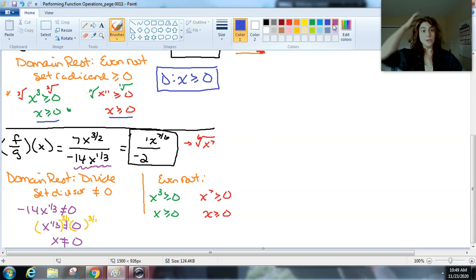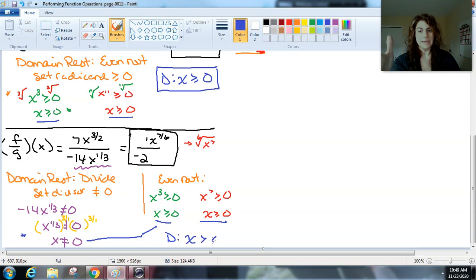But I have to look at 3 things now. I have to look at these 2, which I already know are greater than or equal to 0, and I have to bring this one into play also. Well, these 2 have to be greater than or equal to 0, and the division one is telling me it can't equal 0. So when I write my domain restriction, I can't include the or equal to because of this part right here that says it can't equal 0.